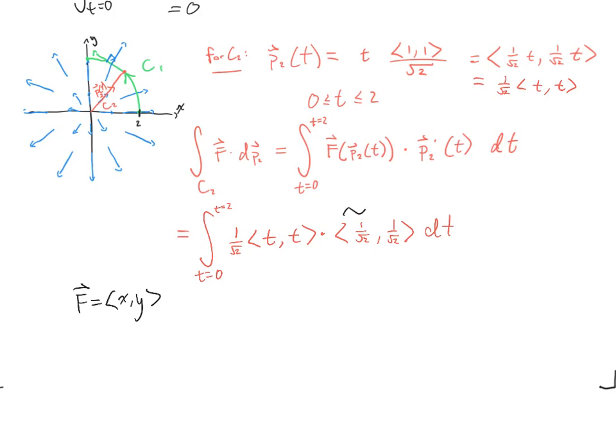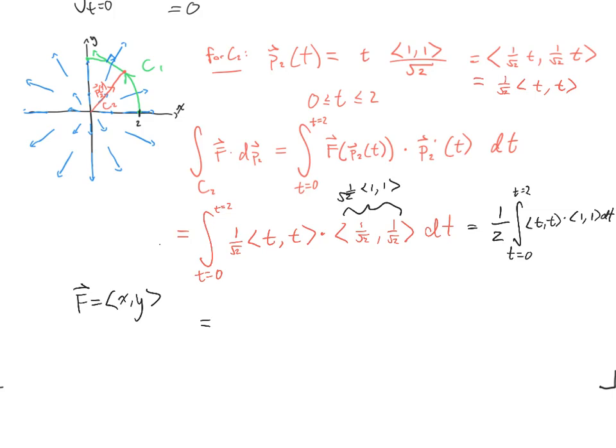You might notice that this is really the same as 1 over root 2 scalar multiplied by the vector 1, 1. So I can pull both of the scalar multiplications out in front and multiply them together. That looks like 1 over root 2 times 1 over root 2. That's a 1/2. The integral from t equals 0 to t equals 2 of t comma t dot 1 comma 1 dt.